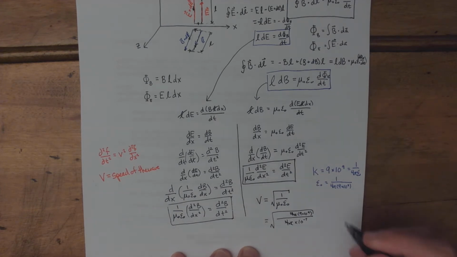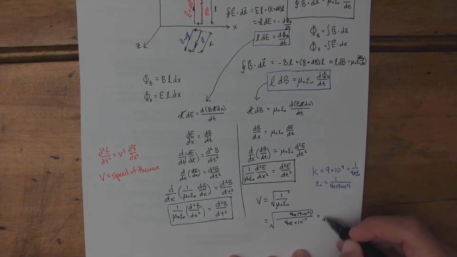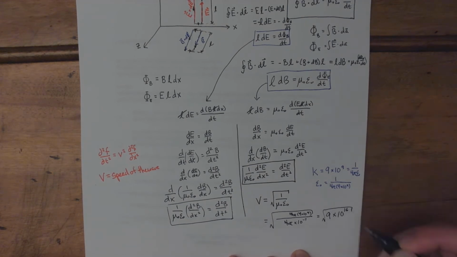So the 4 pi's cancel out, and if I have 10 to the negative 7th in the denominator, that would be 10 to the 7th in the numerator. 10 to the 9th times 10 to the 7th would be 10 to the 16th. So this is the square root of 9 times 10 to the 16th.